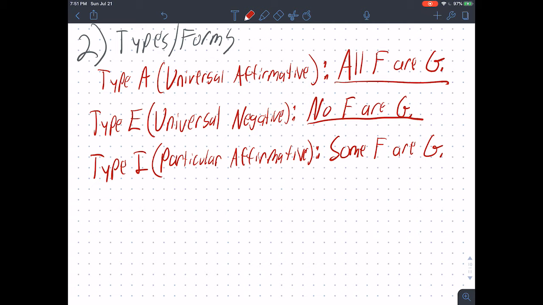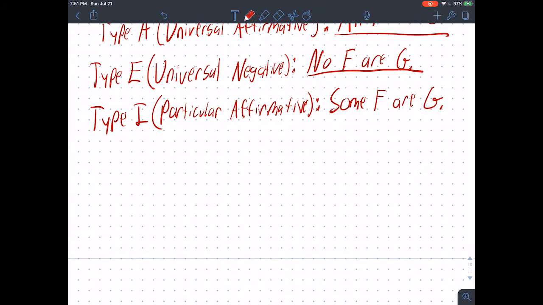And one important note, and this is true here and also true for everything else in this course, the word some in logic means at least one.